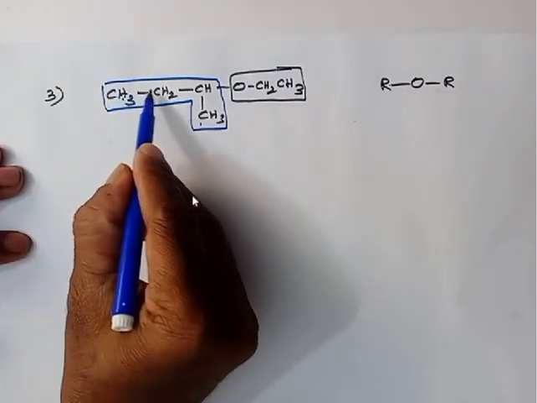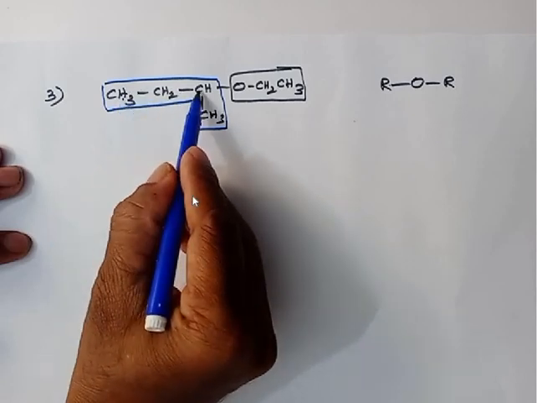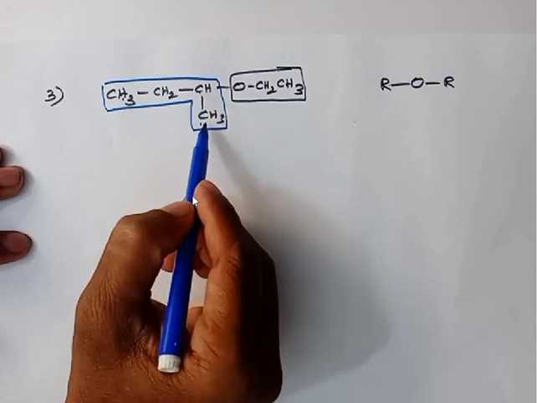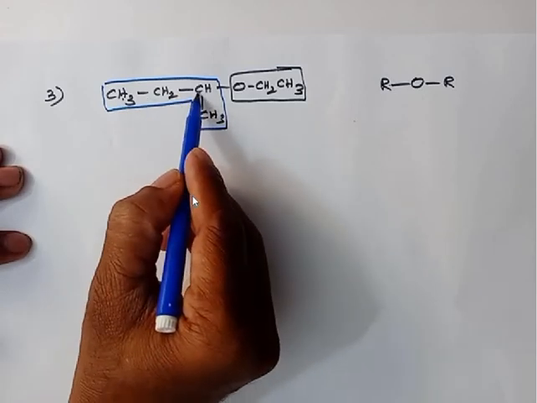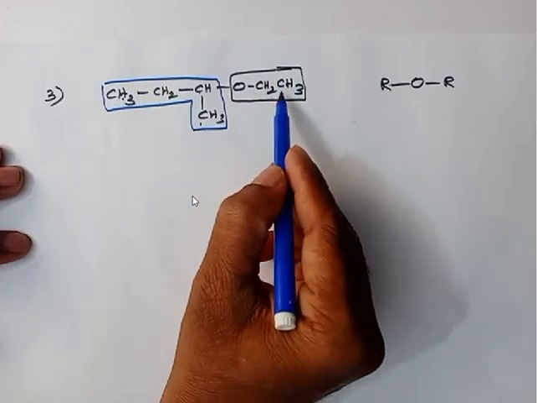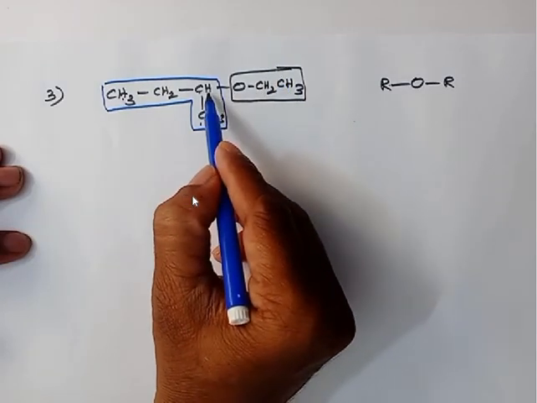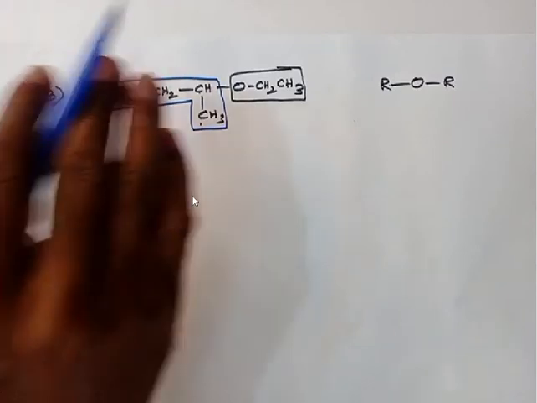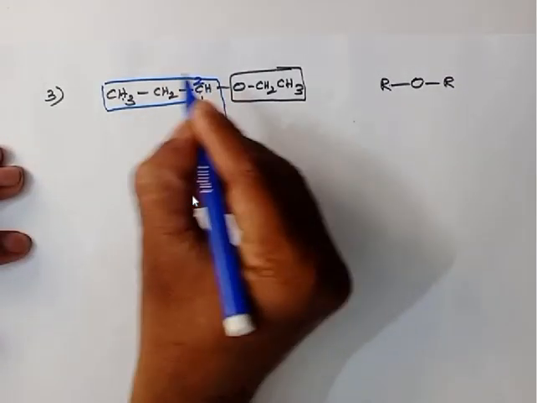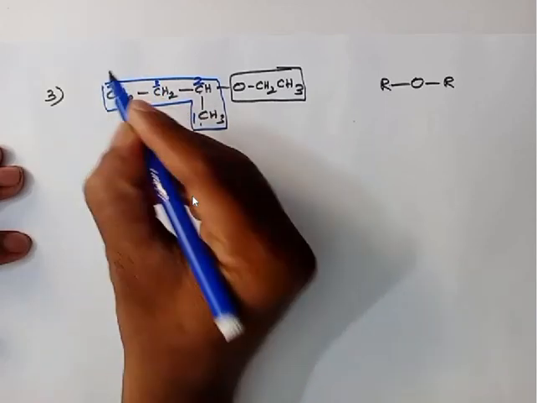If I start numbering from this side, I'll get number 3 for this carbon, so the substituent is attached to number 3. Whereas if I start from this side, I'll get number 2 for this carbon. According to the IUPAC rule, the substituents attached to carbon should also get the least possible number. So I'm going to give numbering from this direction: 1, 2, this is 3, and this is 4.